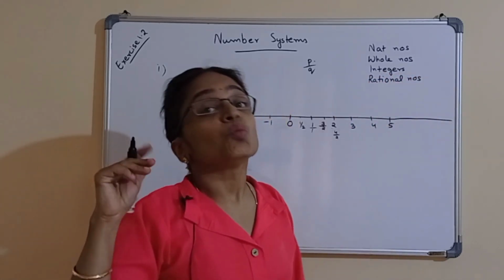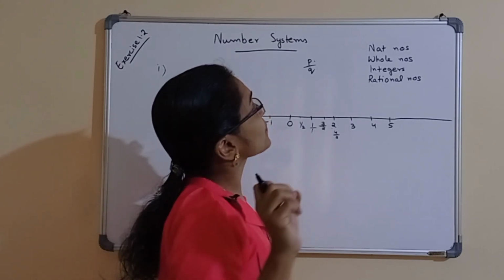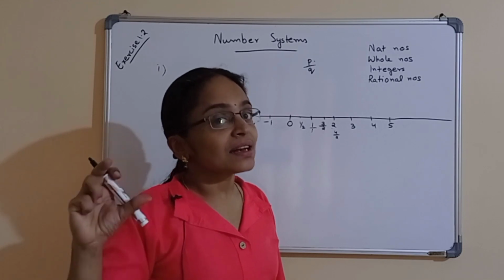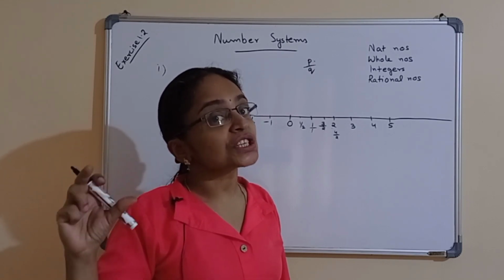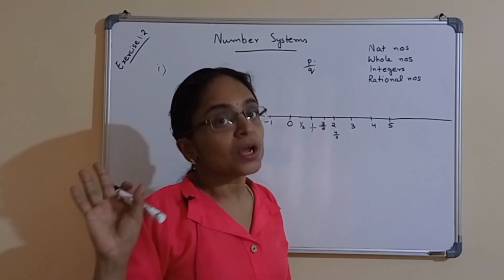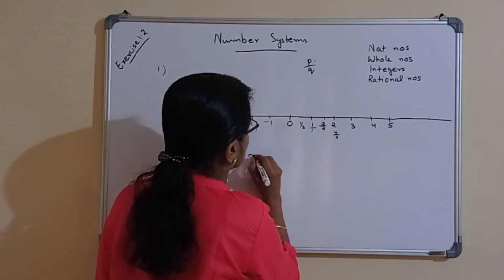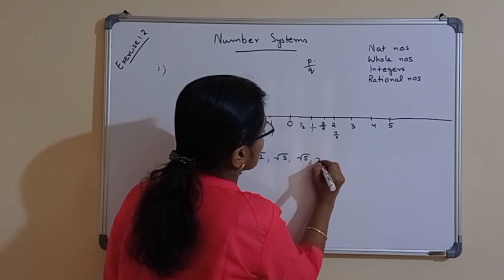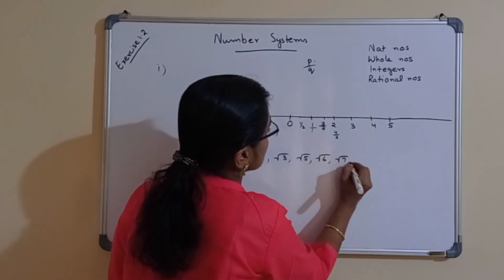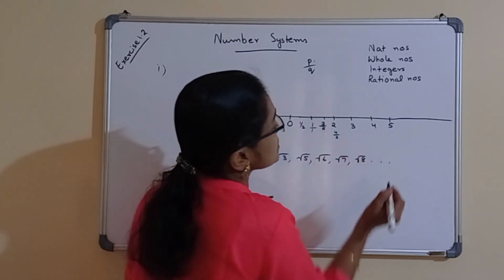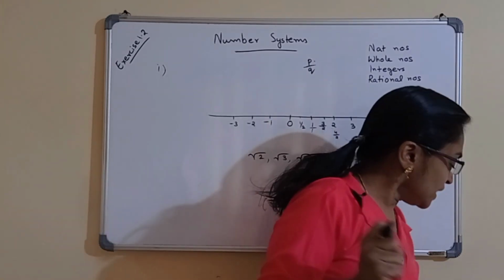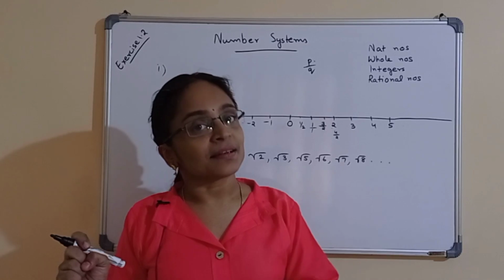And we have one more, that is irrational numbers. What are irrational numbers? Irrational numbers are the numbers which cannot be expressed as P by Q. Some examples are root 2, root 3, root 5, root 6, root 7, root 8, etc. And the question is, every irrational number is a real number.